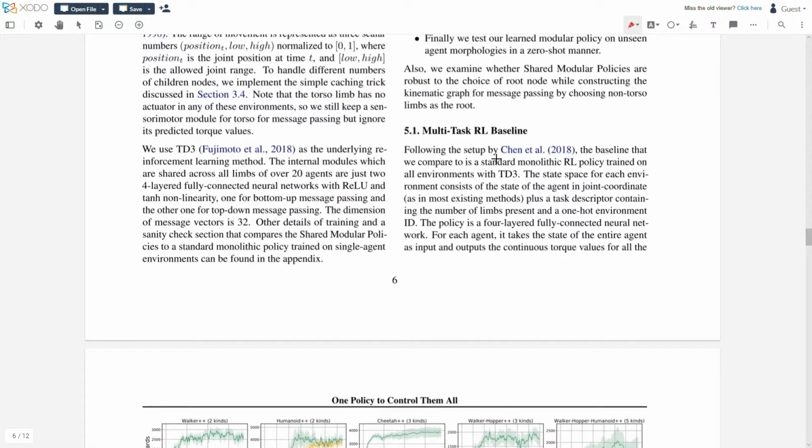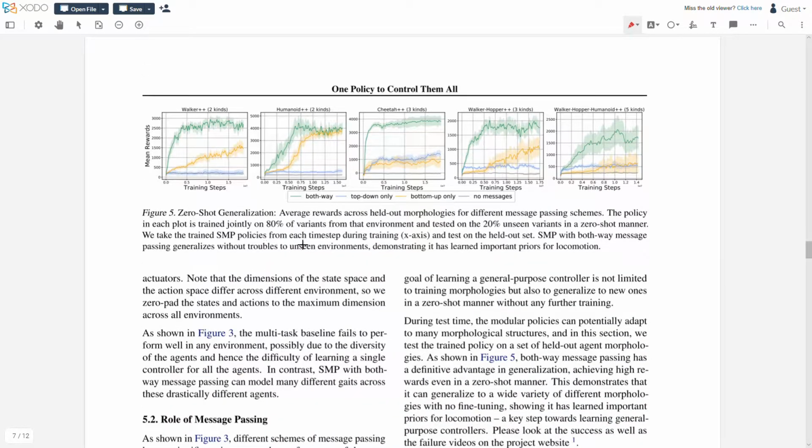What is amazing here is that they do not train the policy neural network on all the morphologies. They only use 80% of the morphologies and hold out 20% as an unseen test set. So the trained neural network also works well on the other 20% unseen morphologies.